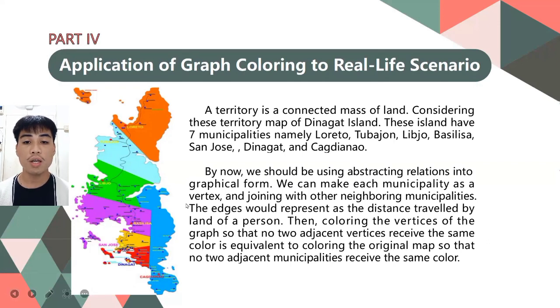We can make each municipality a vertex joined with other neighboring municipalities. Then the edges would represent the distance traveled by land of a person. Then coloring the vertices of the graph so that no two adjacent vertices receive the same color is equivalent to coloring the original map so that no two adjacent municipalities receive the same color.